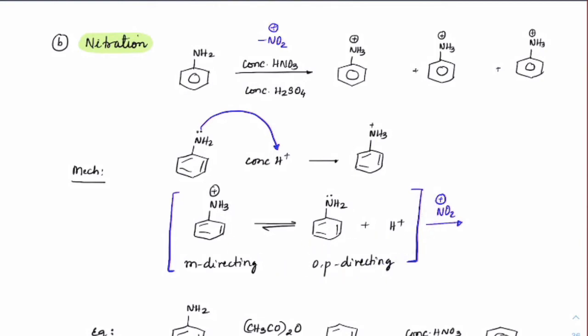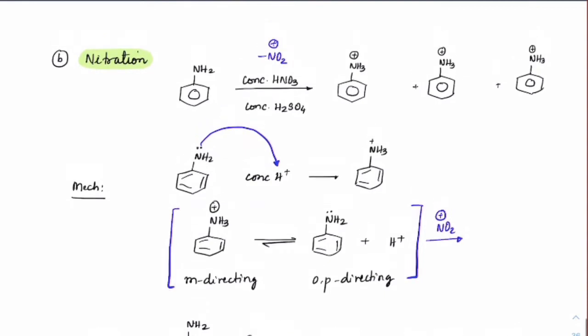Quantity wise, because we are taking concentrated H plus, we will have quite a good quantity of anilinium ion. This anilinium ion, which is electron withdrawing, is meta-directing. So we will have some meta product as well as para product. Ortho product will be relatively less because of crowding.